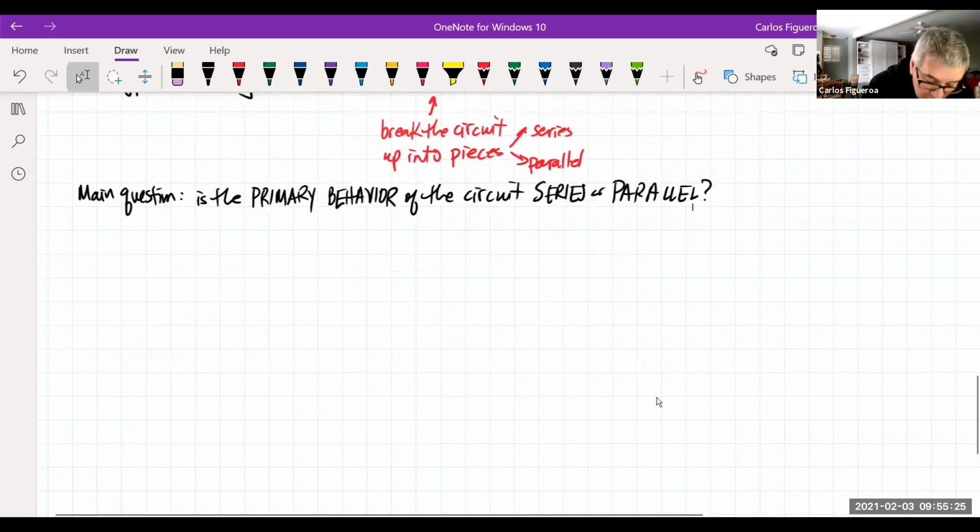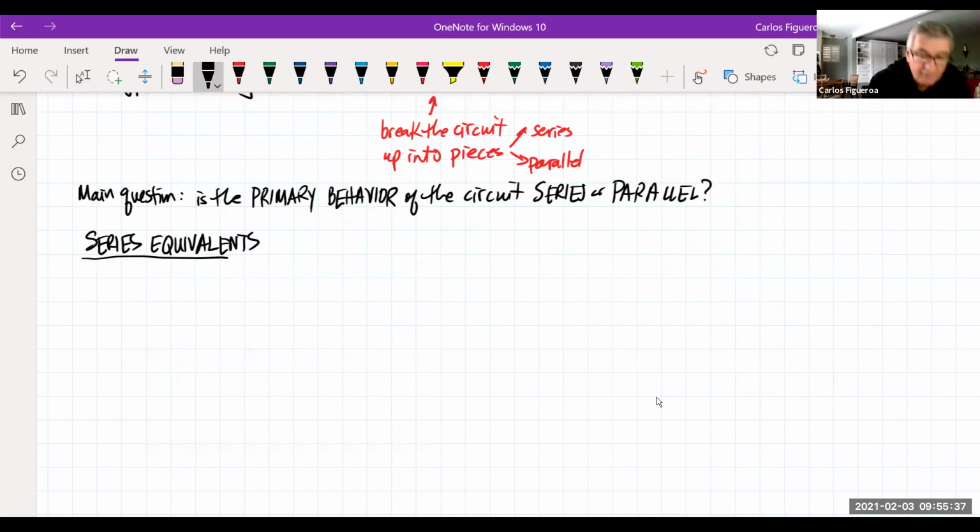So the first thing that I'm going to focus on is series equivalence. As soon as you identify that the primary behavior of a branch in the circuit is series, then there are essentially 4 characteristics that you got to do.